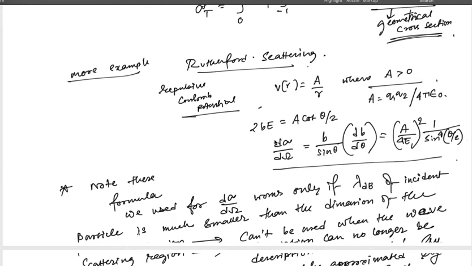Sorry, I made a wrong statement here. That was not the main point of Rutherford. Rutherford's main point was getting the structure of the atom, which is a nucleus and an atom with a lot of empty space. So if you use this classical formula for V and calculate this quantity, you will get d sigma d omega to be (A by 4E) whole squared times 1 by sin to the power 4 of theta by 2.